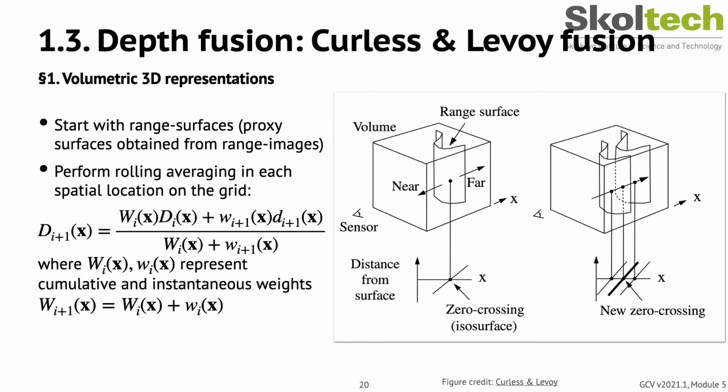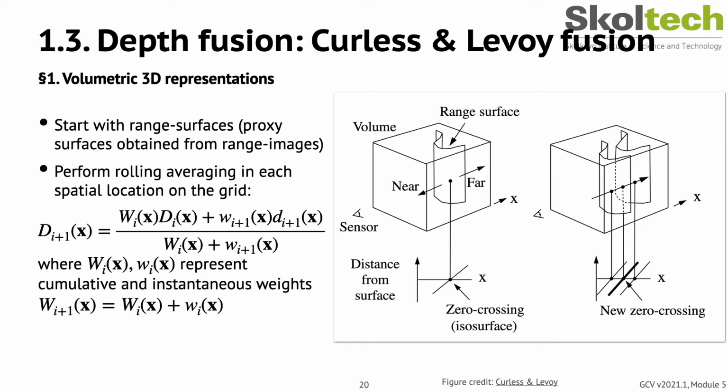Specifically, the formula for the volumetric depth fusion is presented here on the slide, where you can see how the resulting D capital, which is the value of the TSDF function in every location in the volumetric grid, is basically just a weighted average of the previously built TSDF volume and the newly sensed depth map.